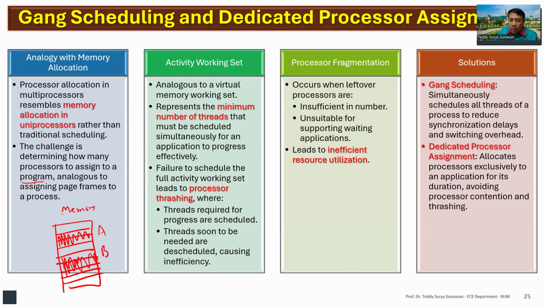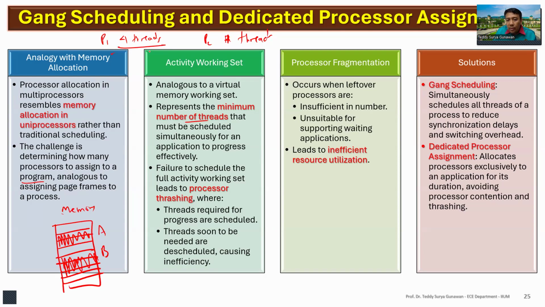So they represent the minimum number of threads. In order to run smoothly, how many pages need to be here? The same thing in process allocation: how many threads should run? Not all. For example, we have process 1 with 4 threads and process 2 with 1 thread only, as in our gang scheduling example.